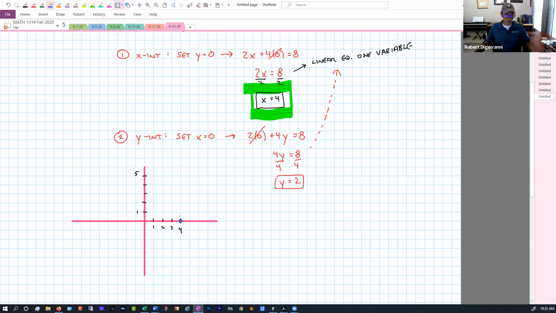And then I'm going to go on my Y-axis for my Y-intercept to the point 2, which is right there, and draw a dot. And then I'm going to break out my little ruler. I don't have a ruler. So I'm going to draw a straight line through those 2 points to the best of my ability. And I'm going to cheat. I'm going to use the computer to do it.